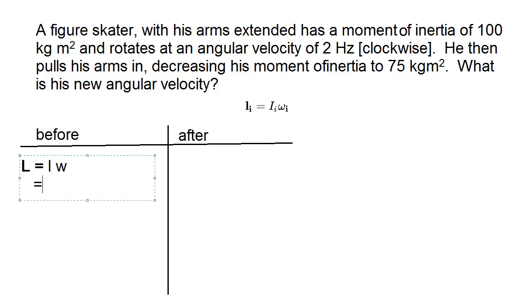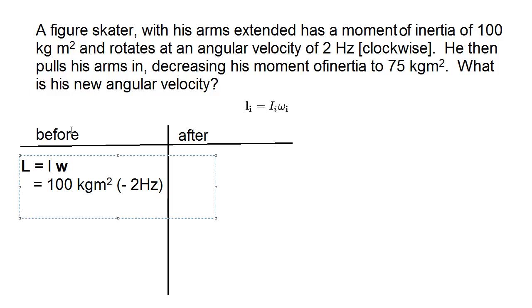Here we actually have both of these things. Keep in mind the angular velocity is a vector. Our moment of inertia is 100 kilograms meters squared, and we're going to multiply it by our angular velocity. In order to be consistent here, we are going clockwise, so I'm going to indicate that direction with a minus sign, and our angular velocity is 2 hertz.